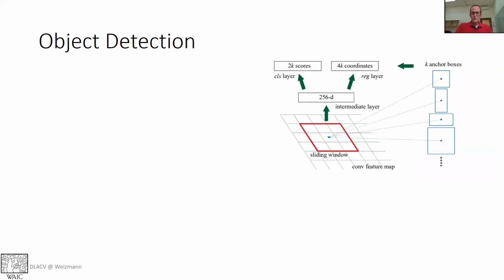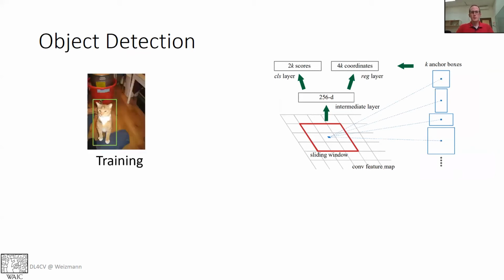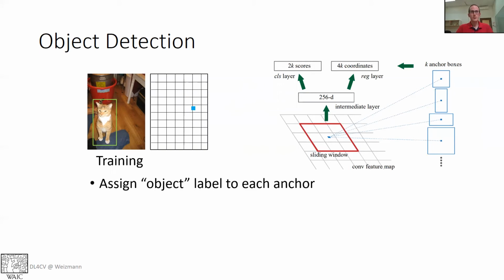So how do we train the RPN in object detection? For training, we have images and we have bounding boxes for the objects with the labels of the object. In order to compute the loss, we actually need to assign a label not only to this box, but also to all the anchors.